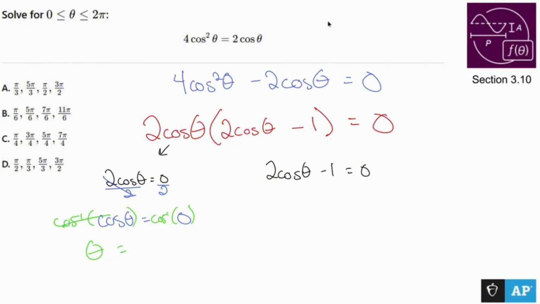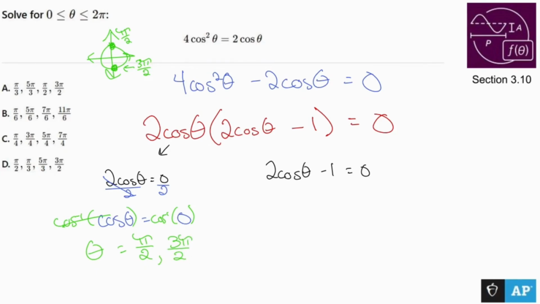Well, that happens twice on the unit circle. Happens up here, x value is 0. Happens down there, x value is 0. You are pi over 2 up here, and you are 3 pi over 2 down there. So two of my possible answers are going to be pi over 2 and 3 pi over 2.